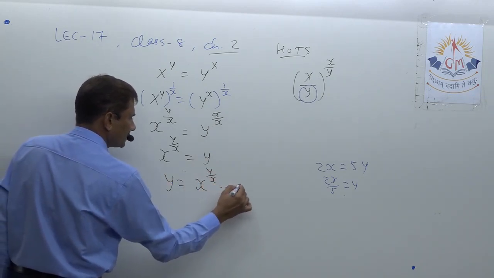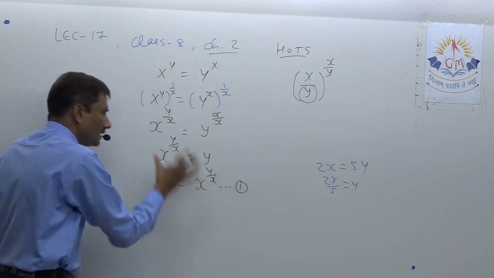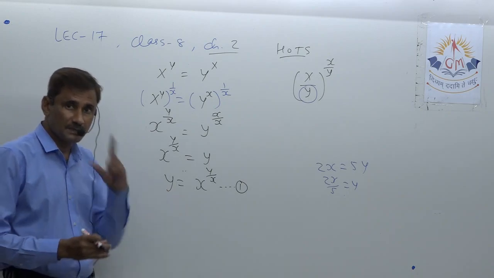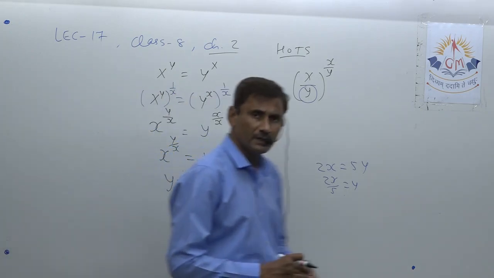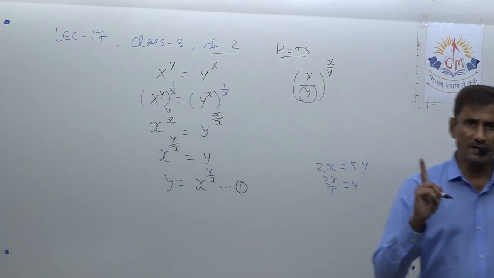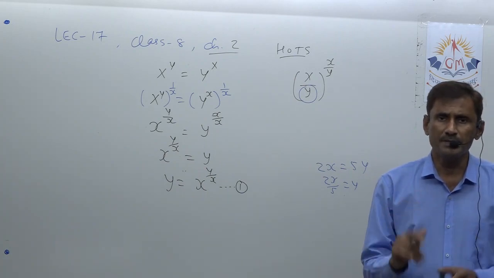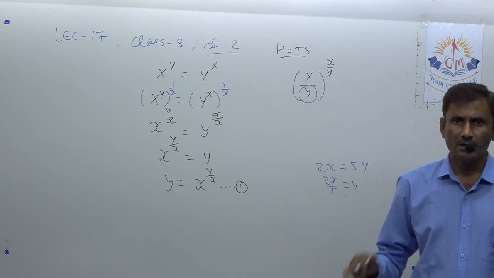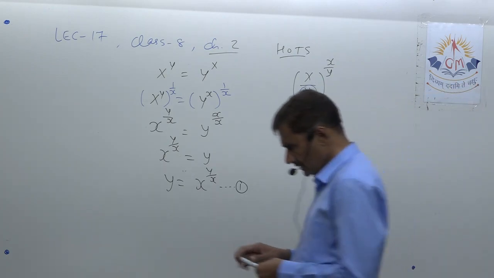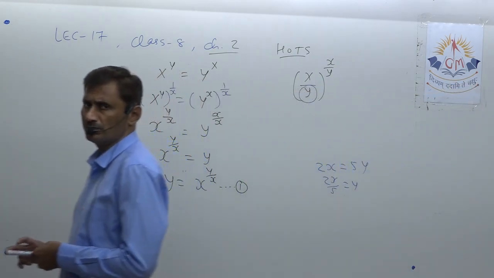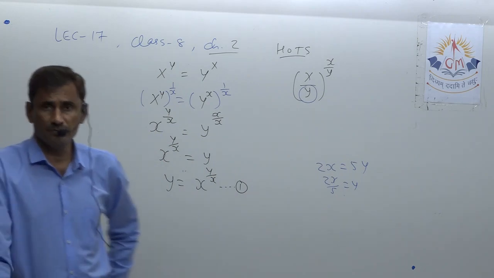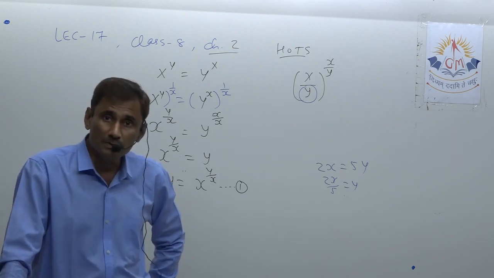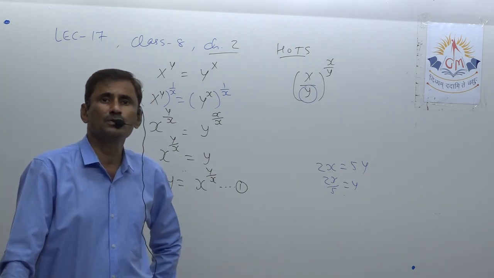So we get something from the given relation of x and y. The expression of y, the expression of anything, means what? Alone that variable should be there. No coefficient, no degree, no negative sign, nothing there. If I want to subject x, then x should be there. Subject y, then only y should be there. No negative sign, no coefficient, no raised to something, no upon something, nothing. Alone should be there.